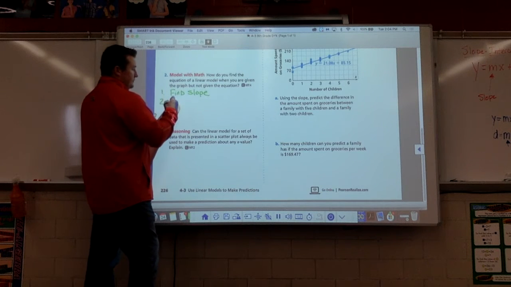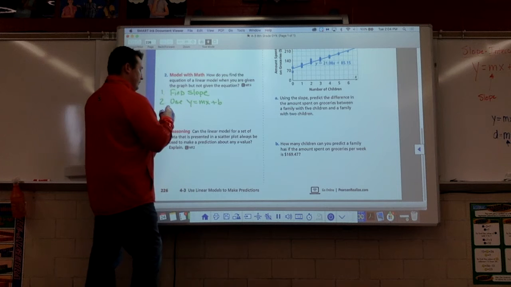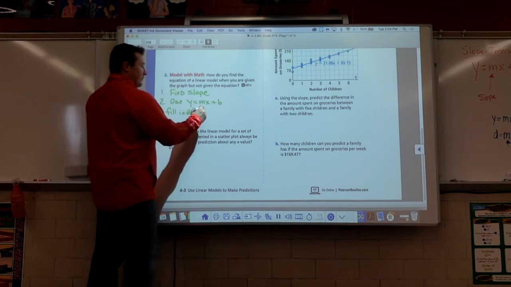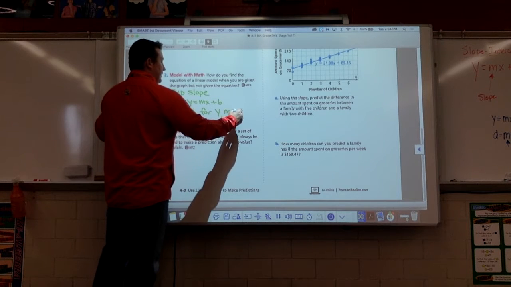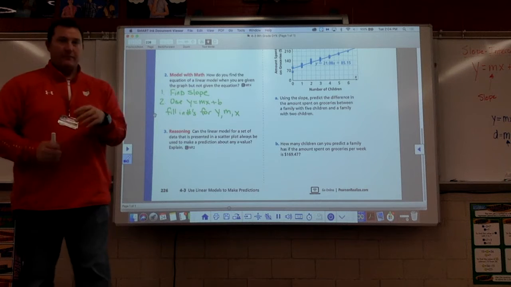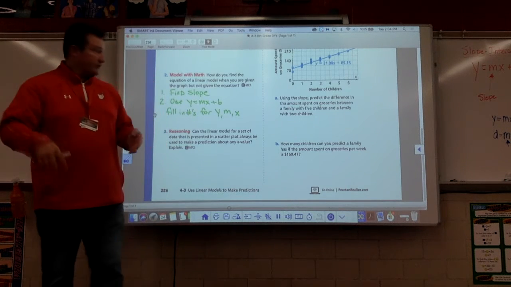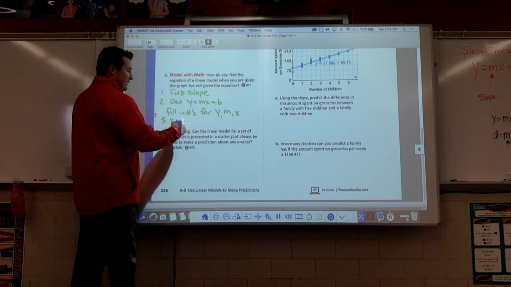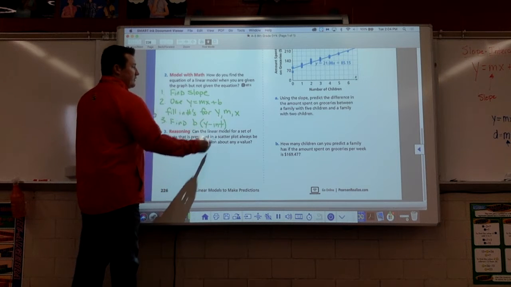Once we have slope, we will use y equals mx plus b, and we will fill in numbers for y, m, and x, okay? Because what are we trying to do? Find the b. That's the y-intercept. That's step number 3: find b, the y-intercept.